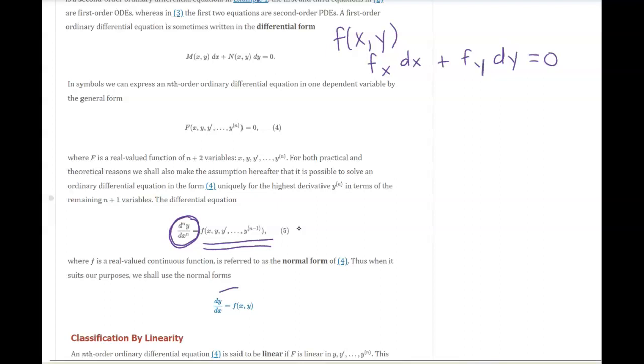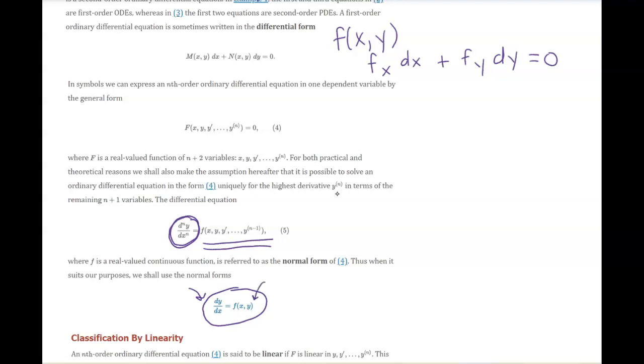This is just a first order in normal form where you have the derivative of y with respect to x on this side, and then some function maybe with x's and y's on this other side.